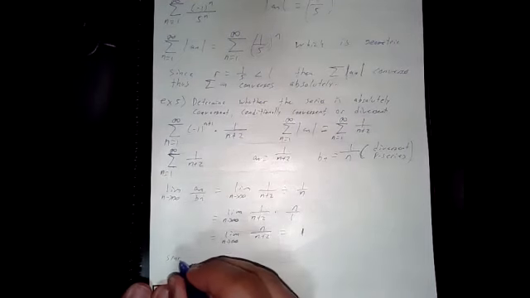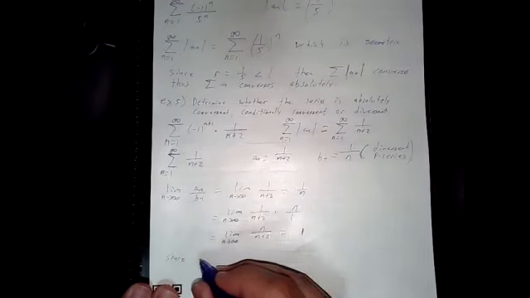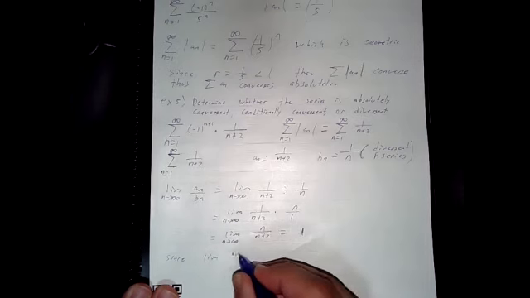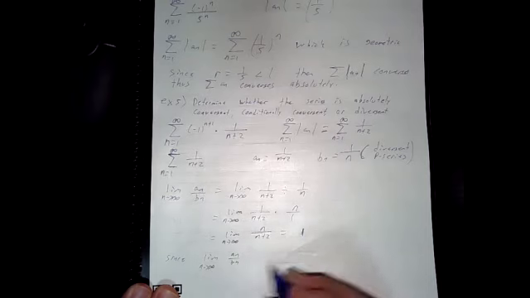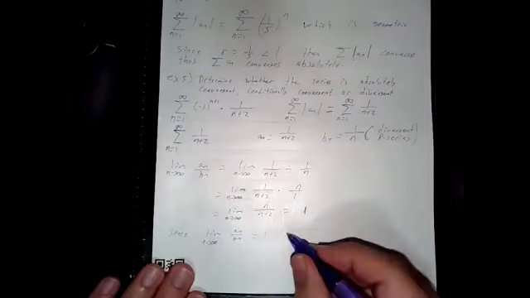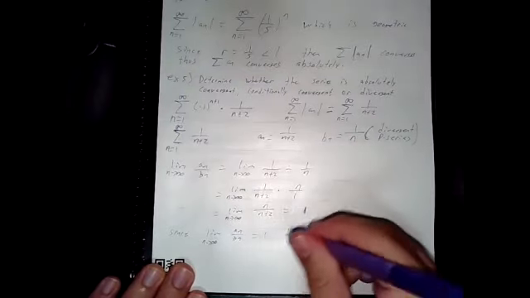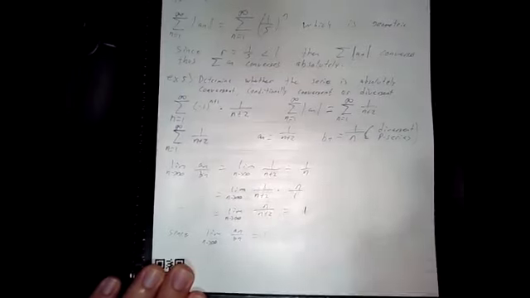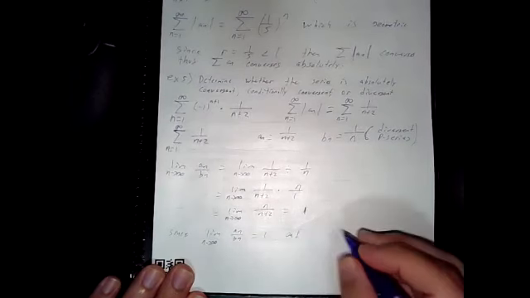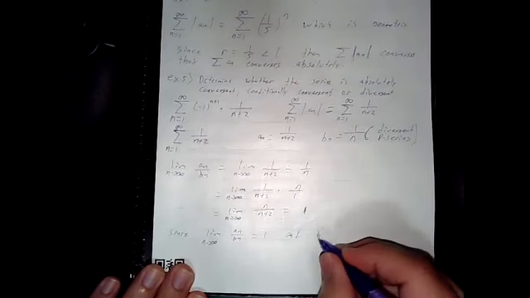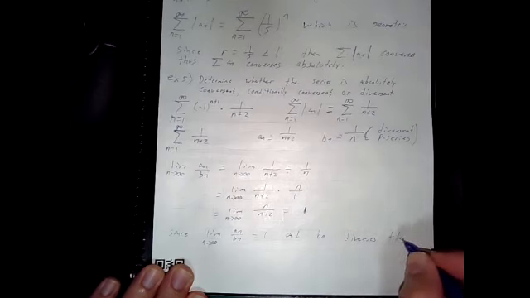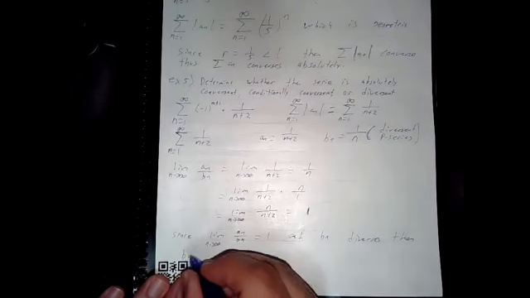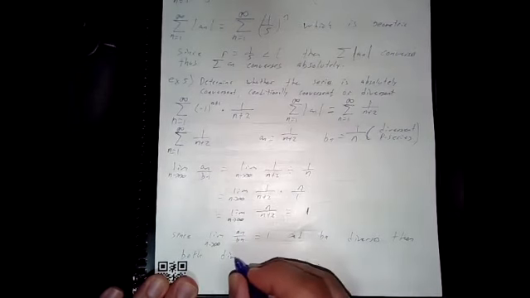So since the limit of a sub n over b sub n is equal to 1, and b sub n diverges, then both diverge.